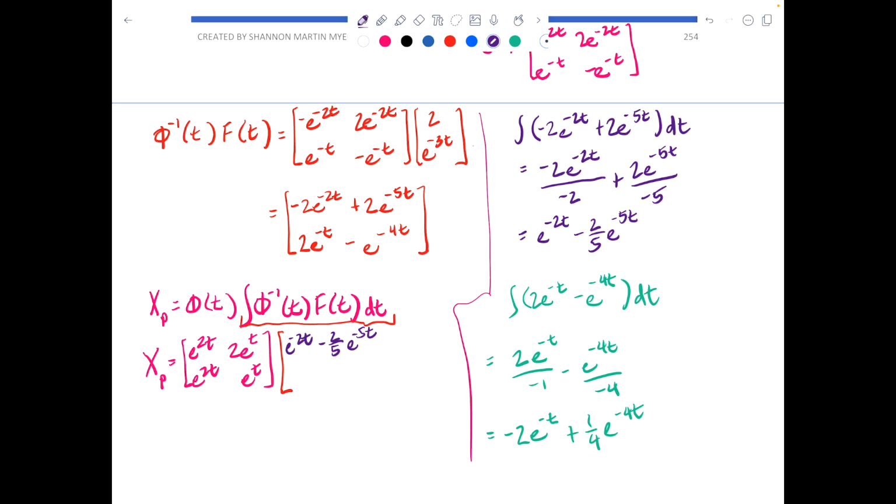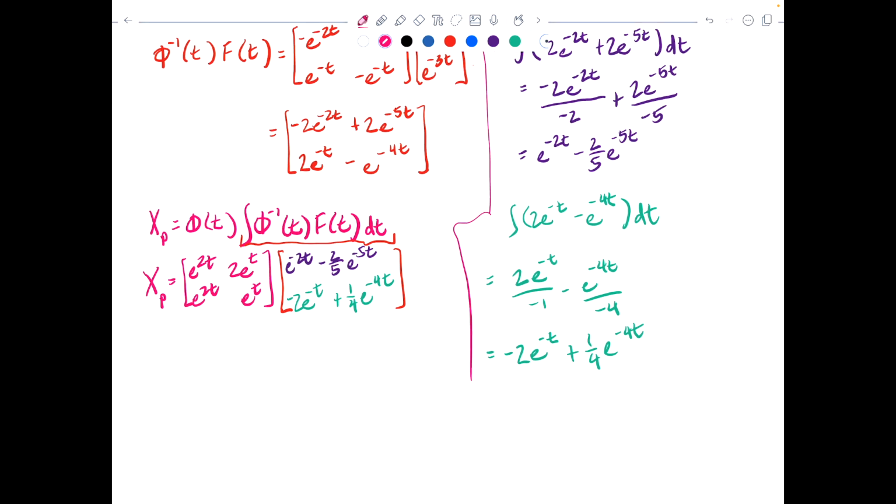And then the green one was negative 2e to the negative t plus 1/4 e to the negative 4t. All right, and now we multiply.